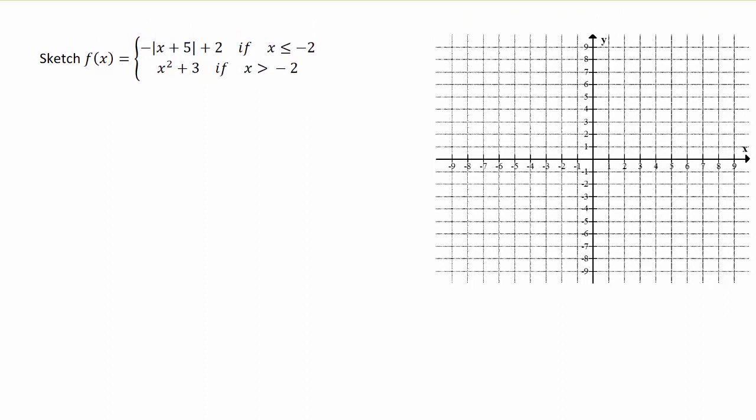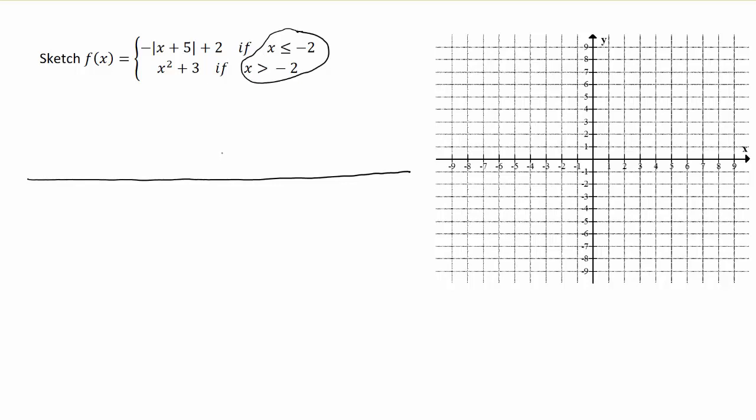And maybe this would be a good time to pause and try this one on your own. All right, so I'm going to create a table of values here, an extended table. And I see that the boundary changes, or I should see that the function changes at -2.